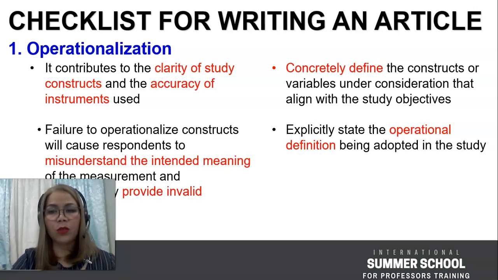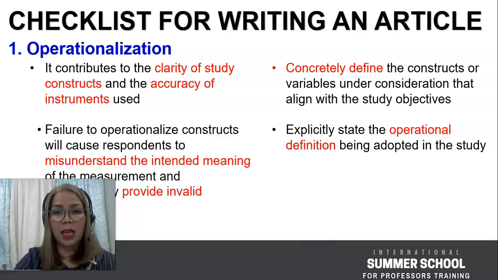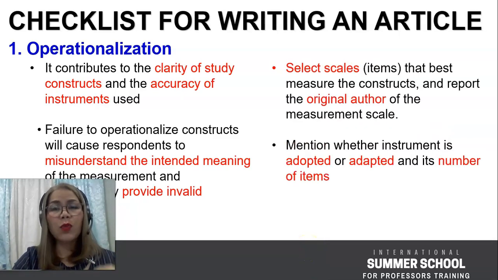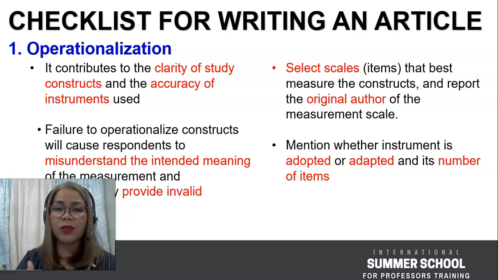Therefore, we need to explicitly operationally define the variables in our study. And once we have operationally defined the variables, then we are going to choose the items or the scales that will best measure these variables.